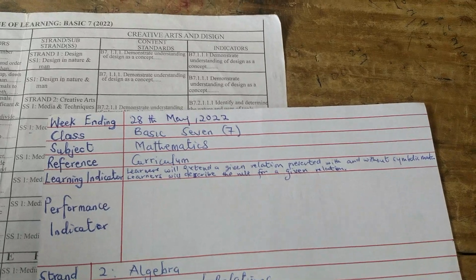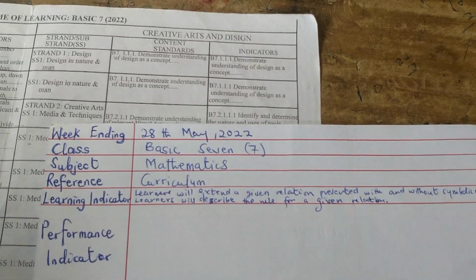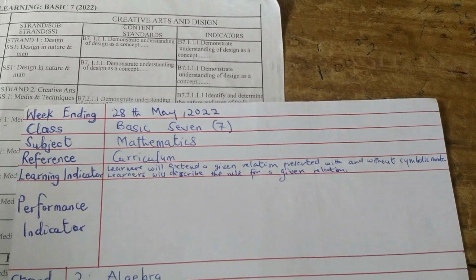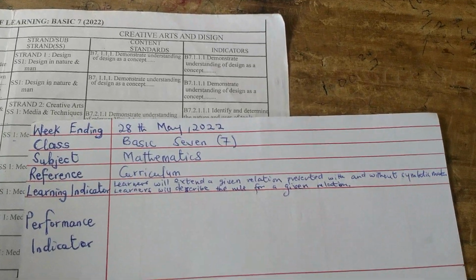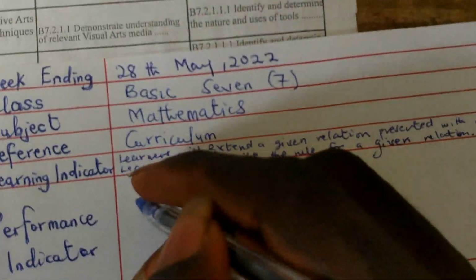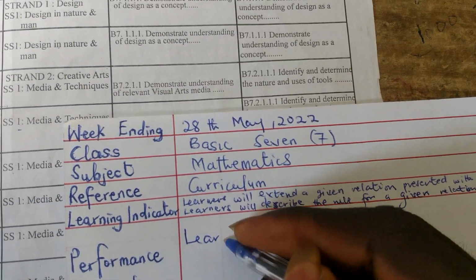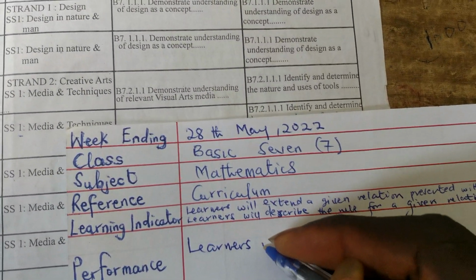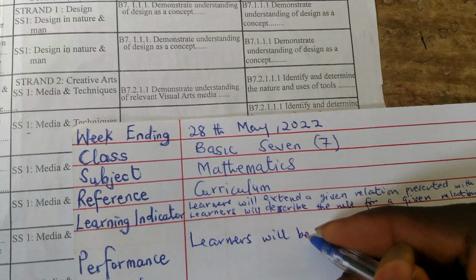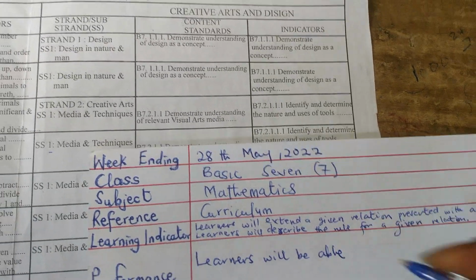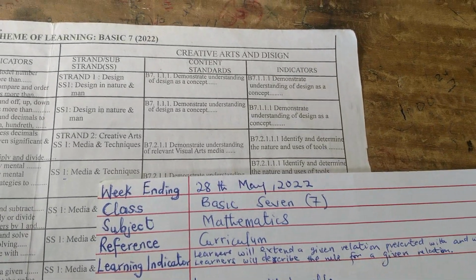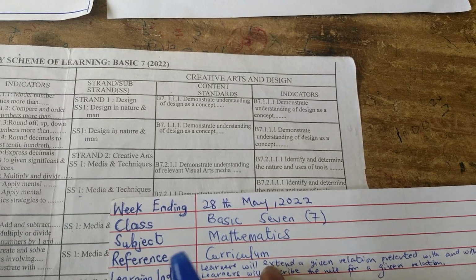So the performance indicator is going to be, now the learners will be able. Why would they be able? Because of what I've taught them. So what we are going to add is learners will be able. Then we continue from extend.